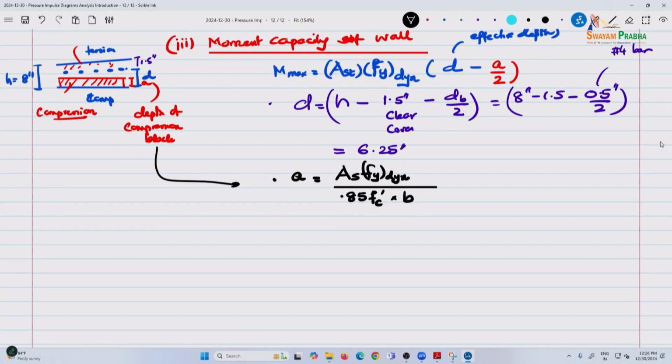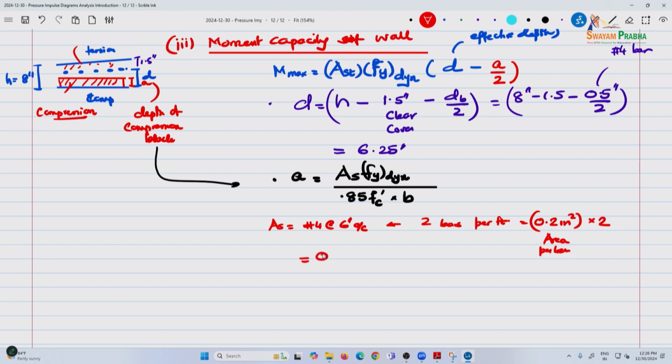Now, AS is number 4 bars at 6 inches center to center. So, basically this is 2 bars per foot, or AS can be taken to be 0.2 square inches, the cross-section area per bar, multiplied by 2. So, AS is 0.4 square inches.